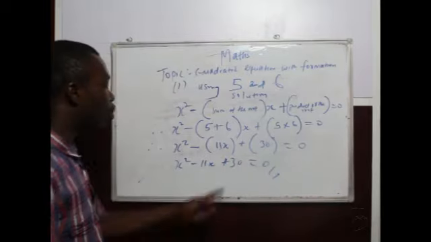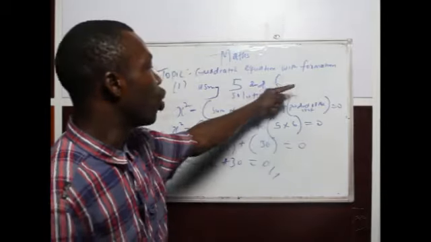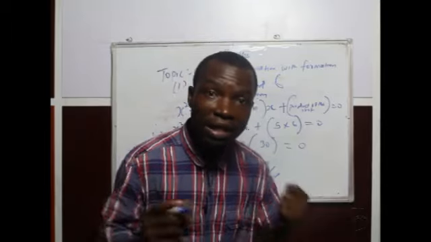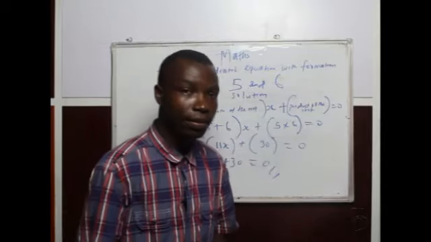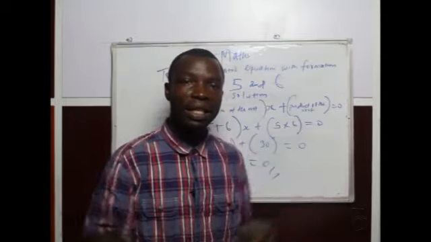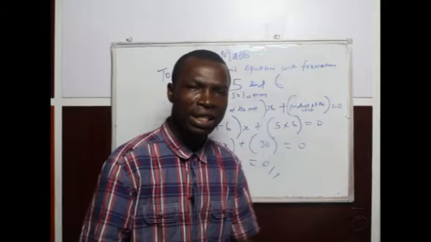Wow, this is the equation of the quadratic. From the given roots 5 and 6, we can now produce a new quadratic equation, which is very simple. Earlier on, we used the factorization method to solve it. We expand the bracket. Here, we are being given the roots in order to find a quadratic equation.